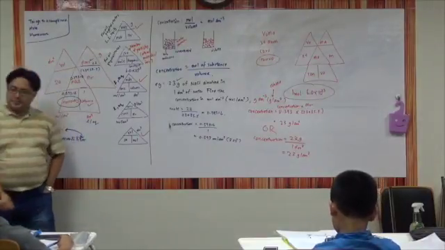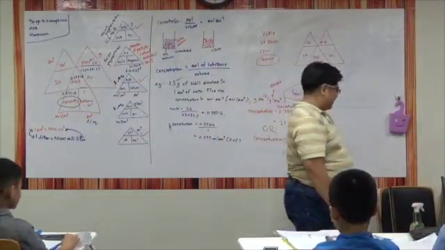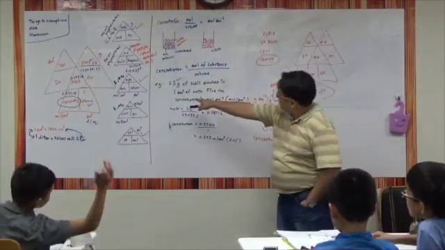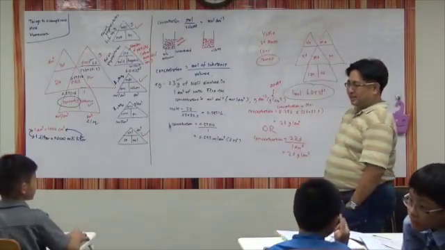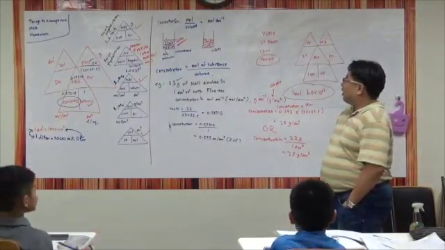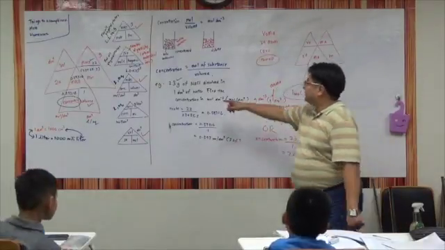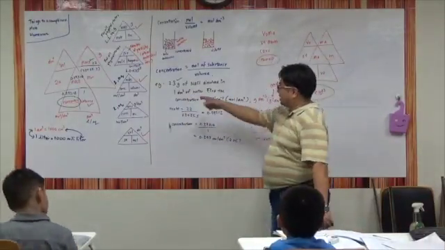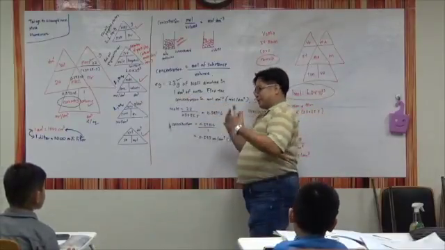The question was saying there's 1 dm cube. Why do people always think that this 3 means everything must be times 3?